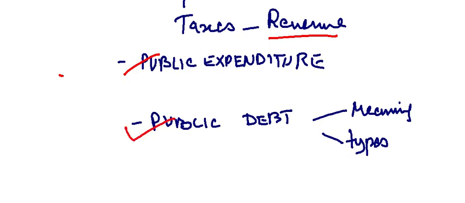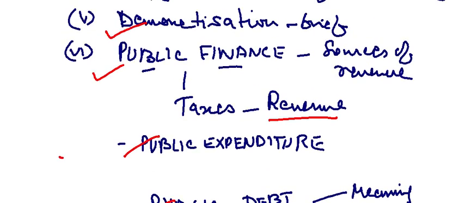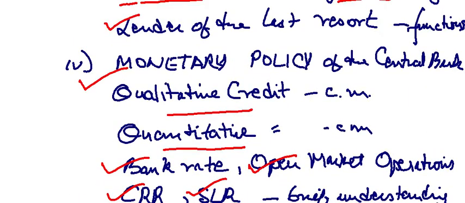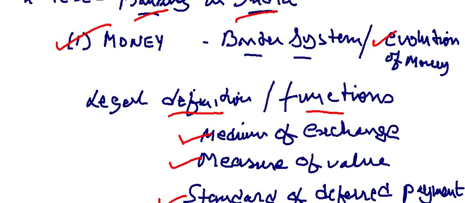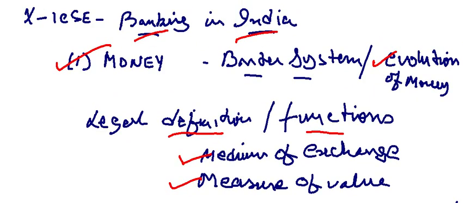What is the meaning and types of public debt? So this is all you are going to study under banking in India, which is part of your syllabus. This is all we have in this part of the syllabus which you have to go through.